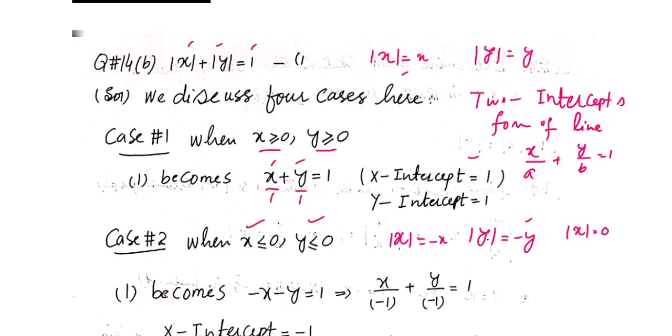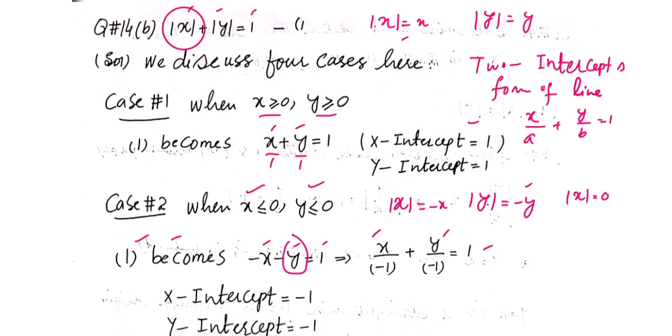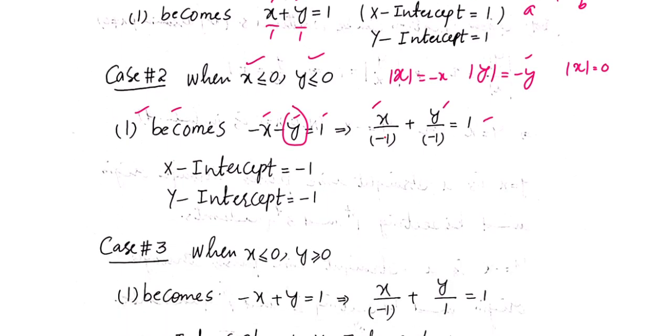So now the equation becomes -x - y = 1. We can write it as x/(-1) + y/(-1) = 1. This equation shows your x-intercept is -1 and your y-intercept is -1.